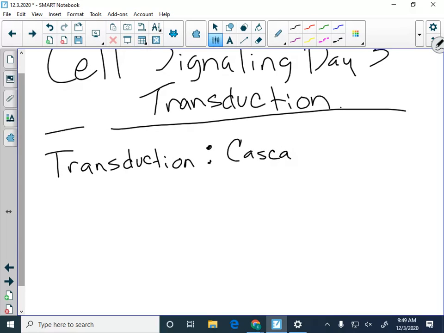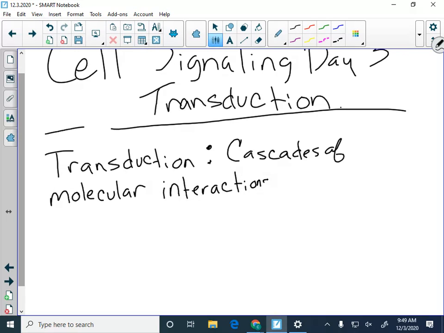Cascades of molecular interactions relay signals. Oh, my handwriting's so bad today. From receptors to target molecules.